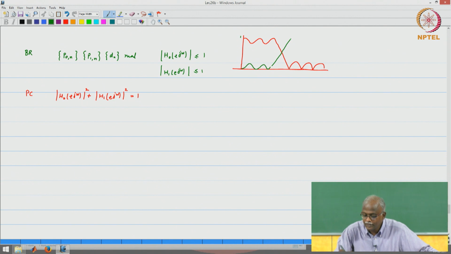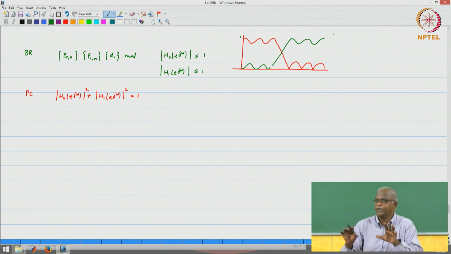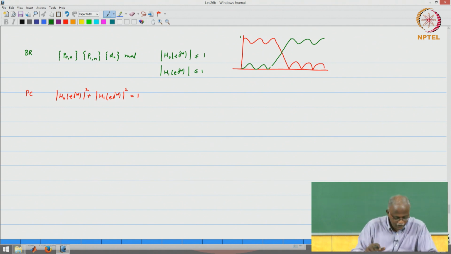Wherever this one hits 0, this one will reach a maximum. So the power complementary property gives you a very nice relationship between the two, and one of them being a low pass will force the other one to be a high pass. This is a very useful property for us to have.